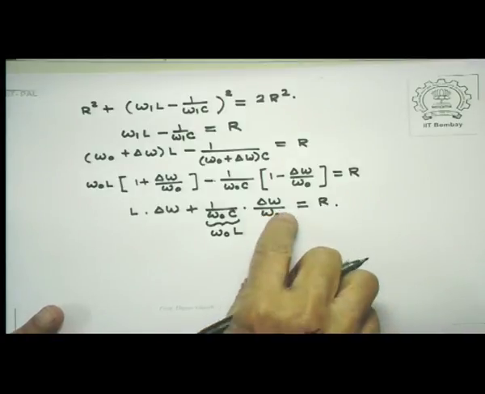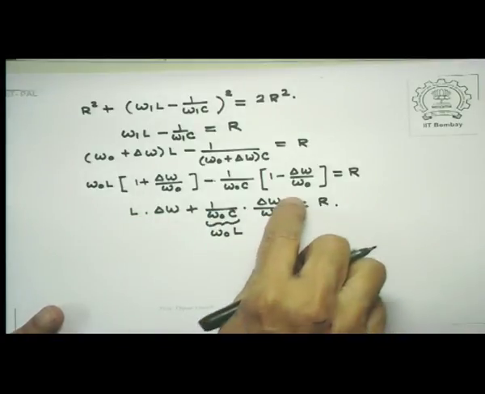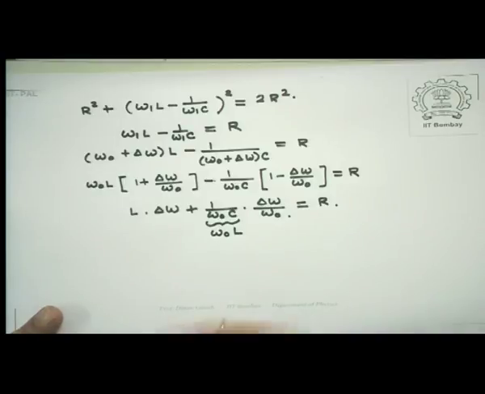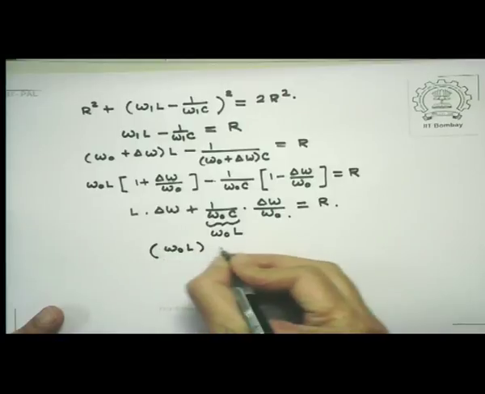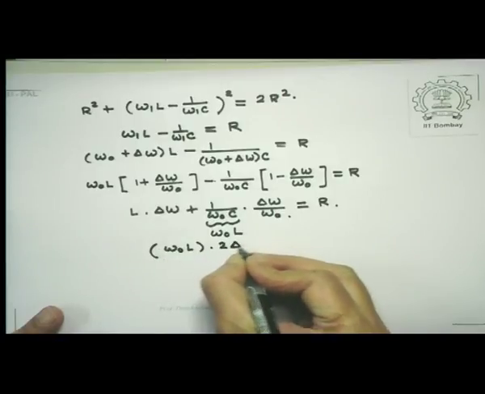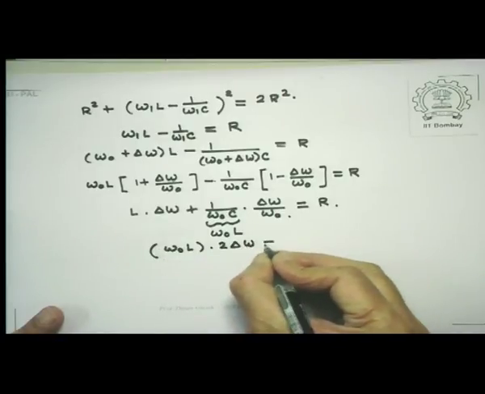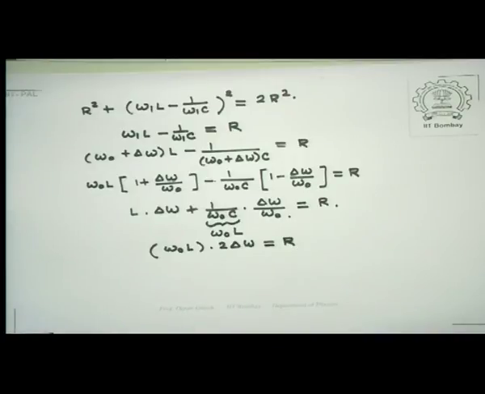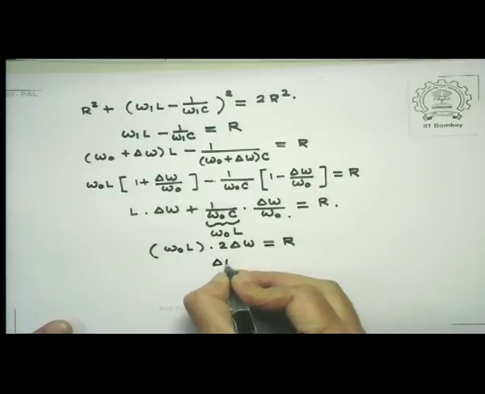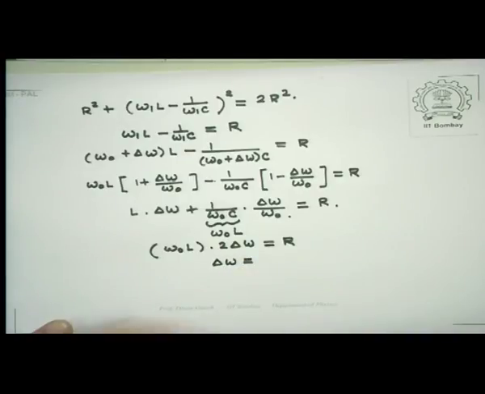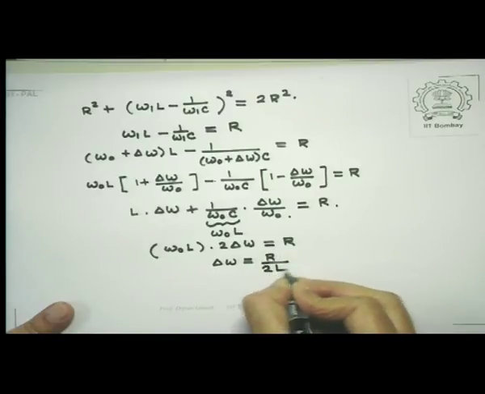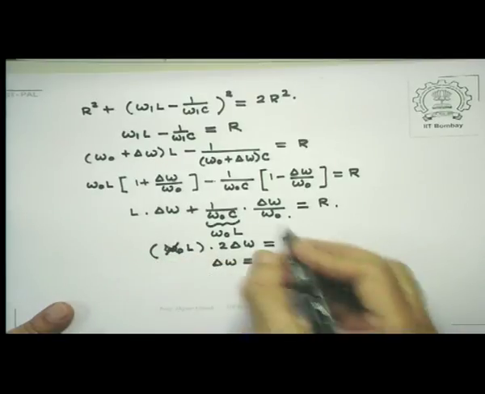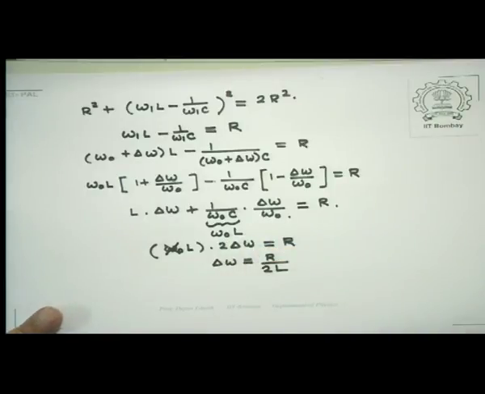So both these terms are L times delta omega. So I'm left with 2L times delta omega is equal to R, which tells me that delta omega is equal to R divided by 2L. I'm sorry, there is no omega 0 here because omega 0 cancels with this omega 0.